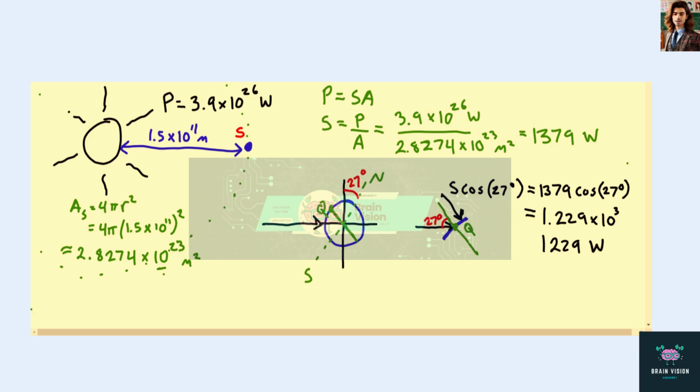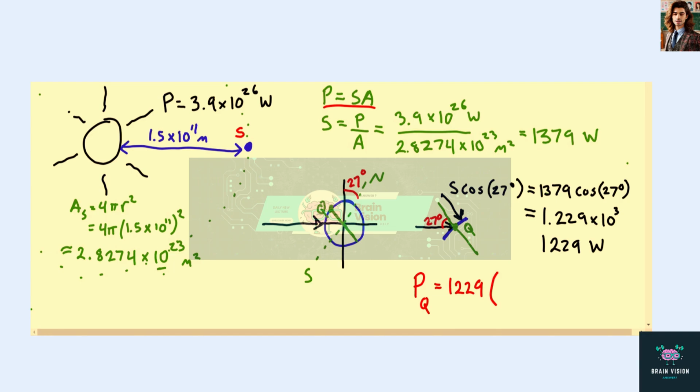Now that we know what that intensity is, we can go ahead and go back to our equation up here, P equals SA. We're going to look for P, the power, at that point. So P at that point Q then is equal to S at that point, the intensity, 1,229, times the area.